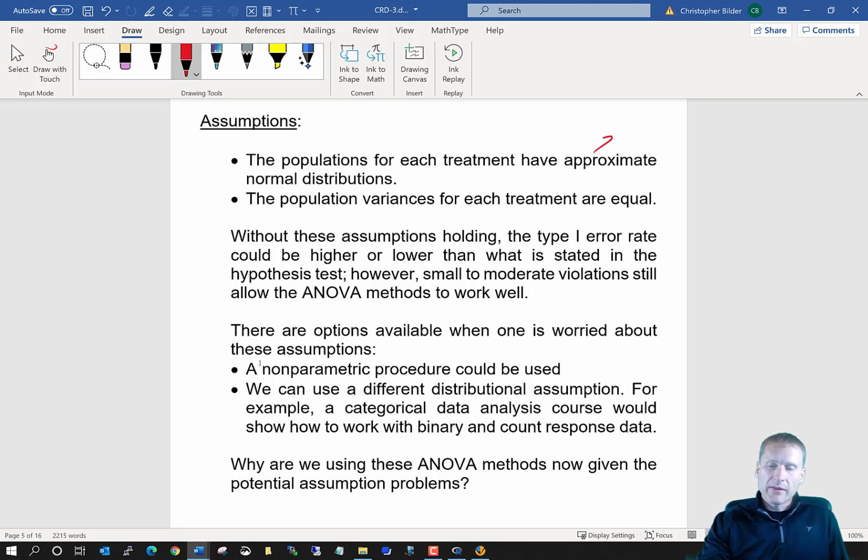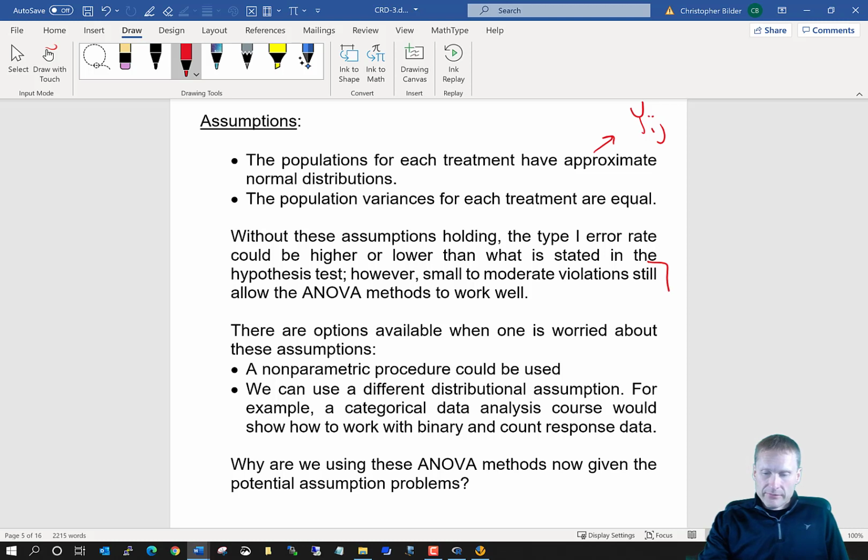So what this means is that y sub ij has an approximate normal distribution, where across the different treatments, the variances are the same. Without these assumptions holding, type 1 error rates could be higher or lower than what's actually stated in a hypothesis. If I state alpha 0.05, the true value might be something different.